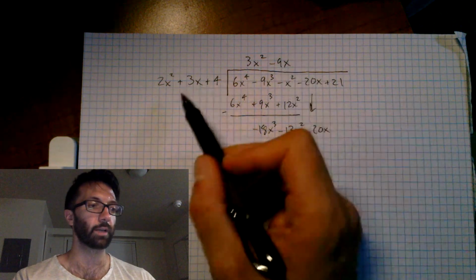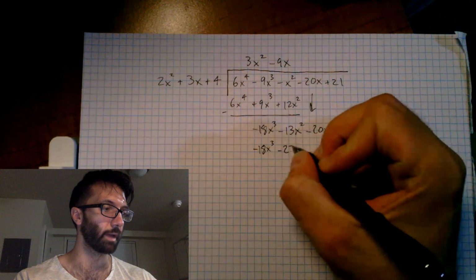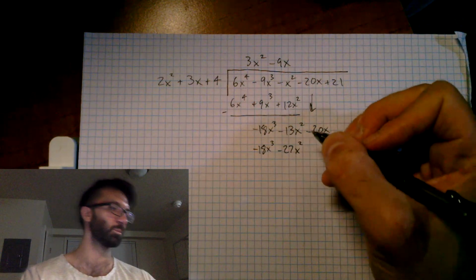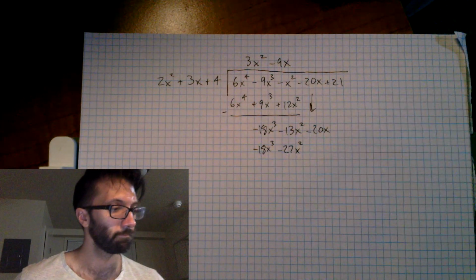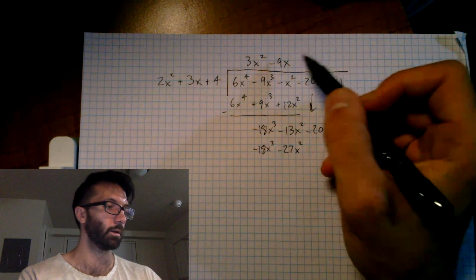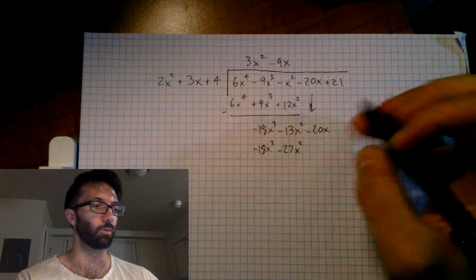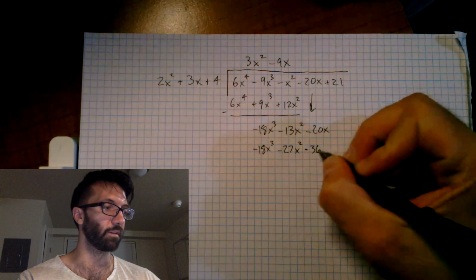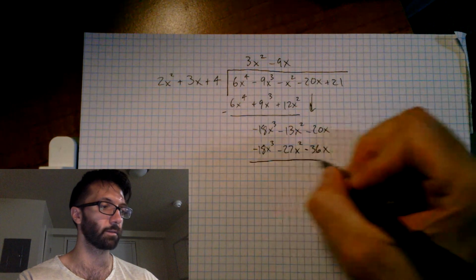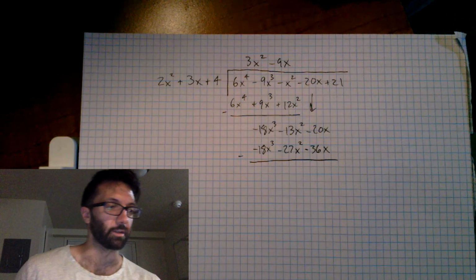Negative 9x times positive 3x is going to be a negative 27x squared. And then we have negative 9x times a positive 4, which is going to be a negative 36x. And then we will subtract this off.